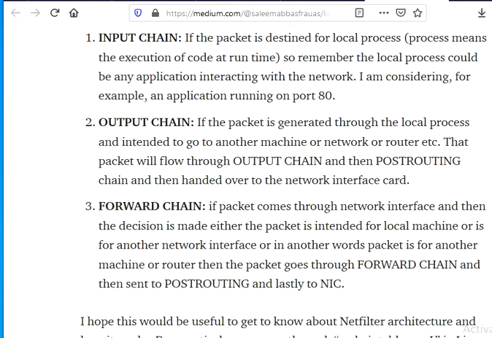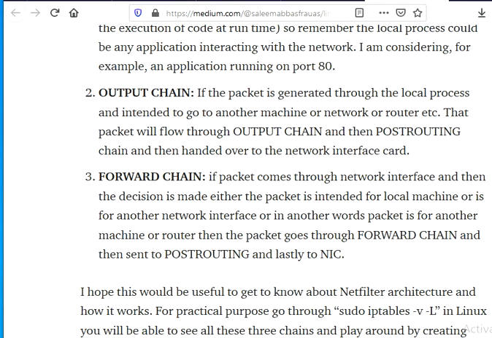What is the output chain? In that case, if the packet is generated by the local process and intended to go to another machine, network or router, it flows through the output chain, then the post-routing chain, and then is handed over to the network interface card.